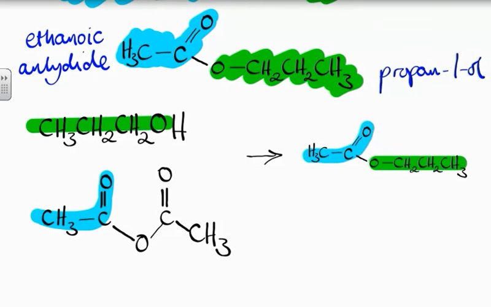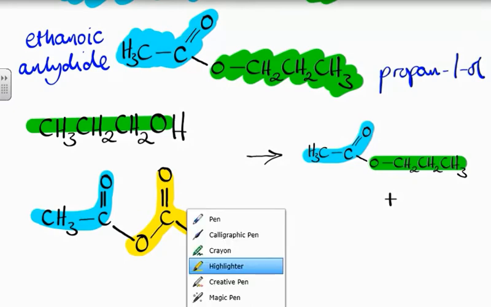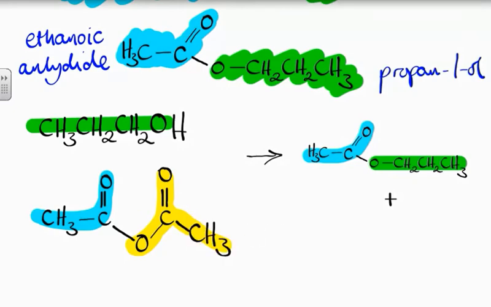So in addition to our ester, what we're also going to get, we can see the other side of the acid anhydride. We're left with that, which I'm sure you can see is going to give us a carboxylic acid, like that. So in this case, ethanoic acid.